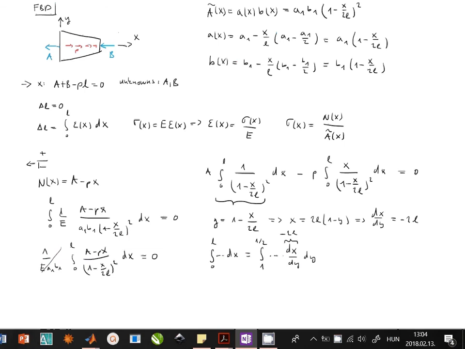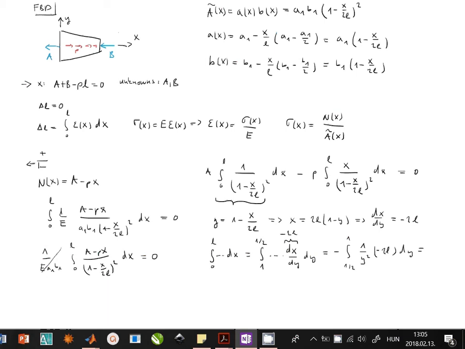Okay, and after this substitution, we finally will have minus the integral from 1 over 2 to 1, because we can switch the bounds if we use a minus sign, of 1 over y squared times minus 2L dy.